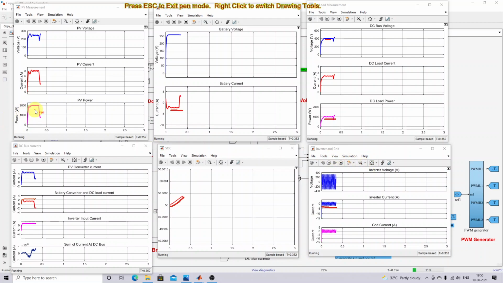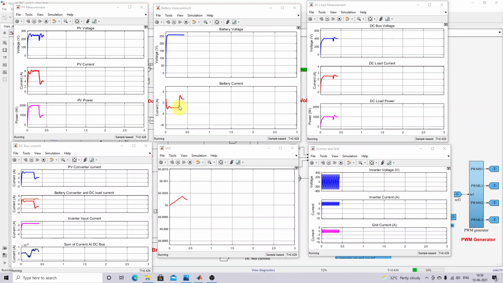Now we can see that the irradiation changed to 500 watts per meter square. Because of the changing irradiation, the PV power goes to around 1000 watts, right? But the DC grid should supply the DC load as well as the AC grid. So because of this change in irradiation, what happened to the battery?